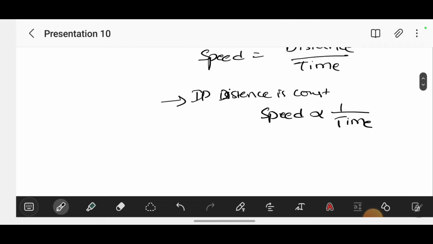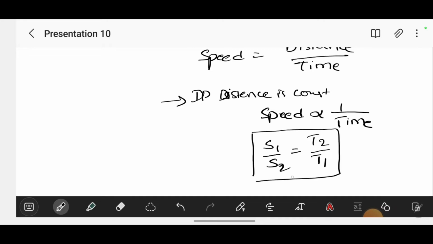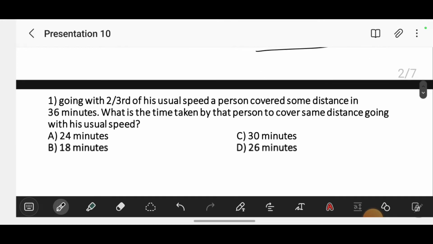That means if there are two speeds, then s1 by s2 is equal to t2 by t1. In this session, we will discuss some questions regarding this formula, s1 by s2 equal to t2 by t1. This is the first part. Let's get into our first question.